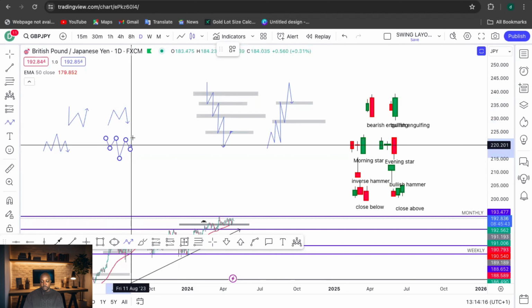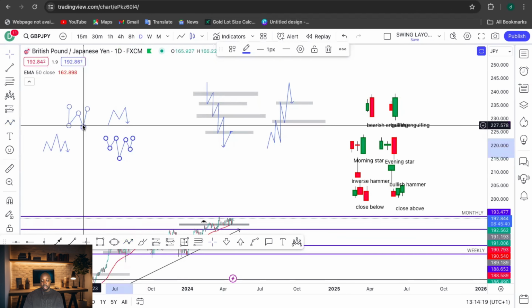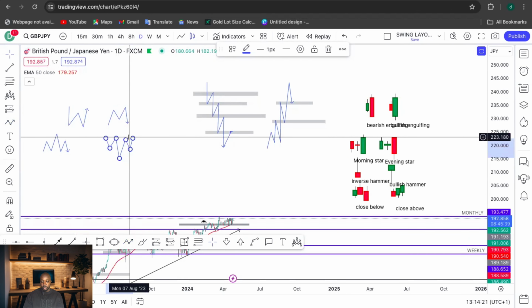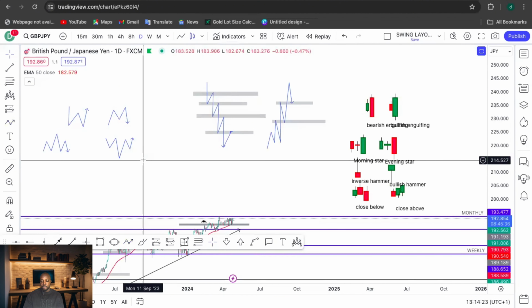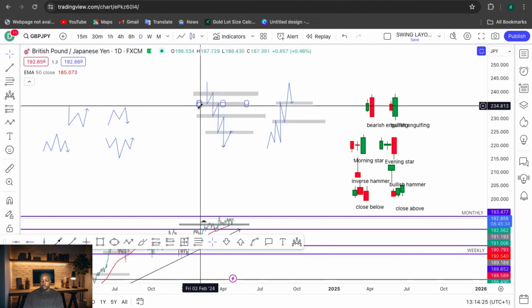These are the four chart patterns that we are looking to enter the market off of at these areas of interest.